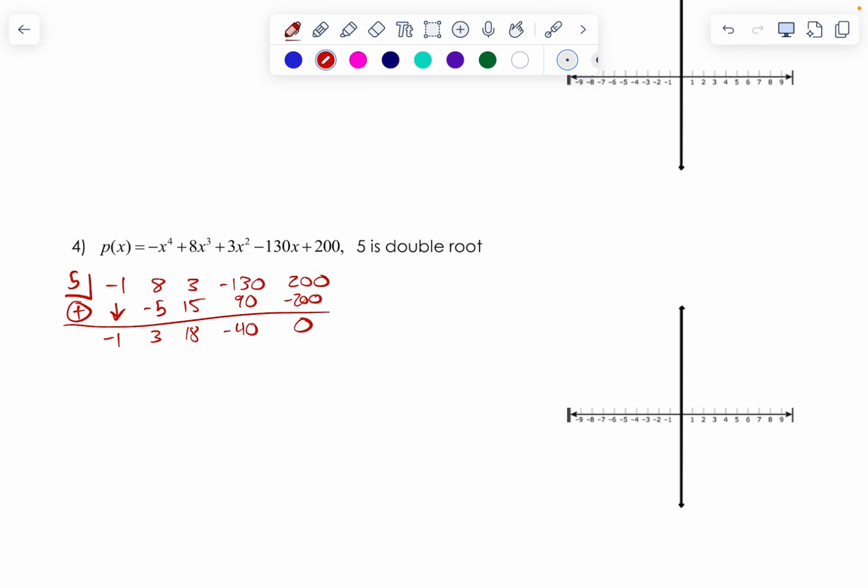It helps if you don't need a calculator, because then you can do it faster. Okay, we got a 0. It said 5 is a double root. So what do we do next? Yeah, just do it again. Take that bottom line minus the 0. Do it again.